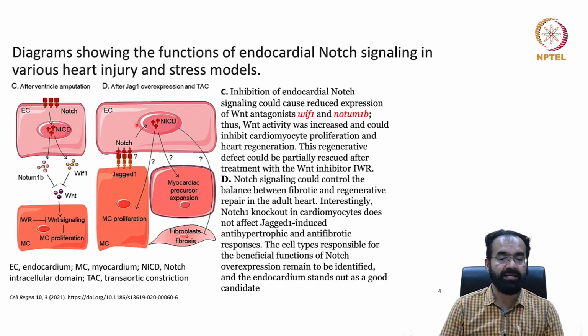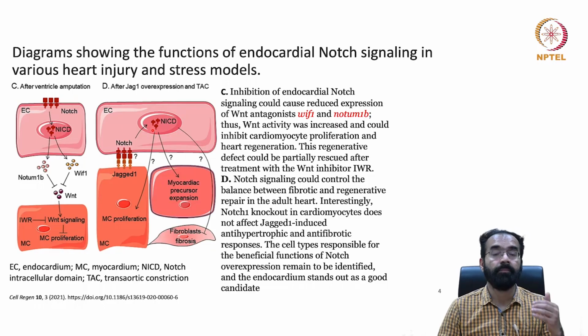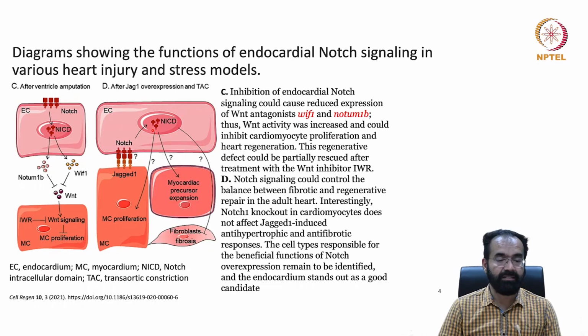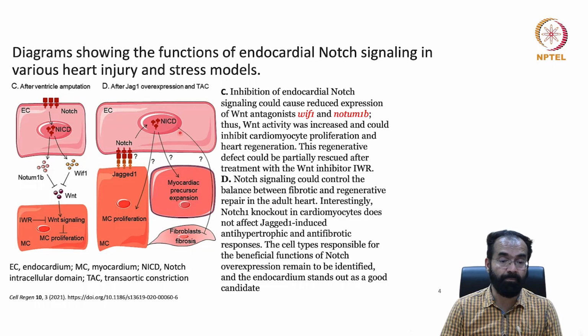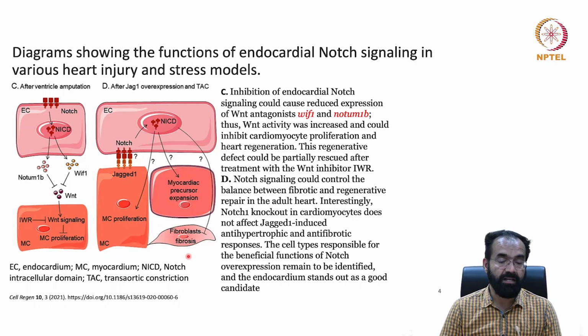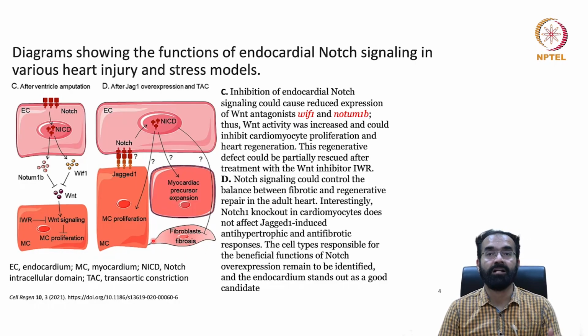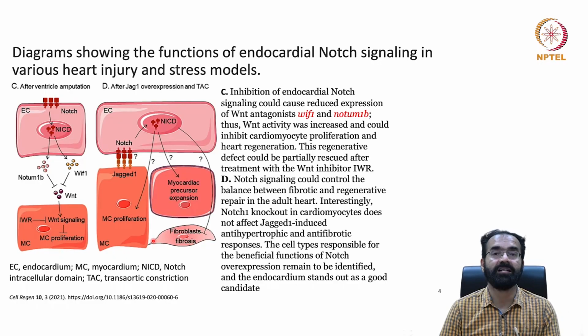And you can also see in the case of Jagged overexpression, if you forcefully allow the Delta-Notch signaling to go up in the endocardial cells, then there will be a lot of influence occurring: the myocardial precursor expansion will be favored, and also the myocardial proliferation will be favored, and you also end up getting a lot of fibrosis, that is the fibroblast cells and the fibrosis coming into the scenario.